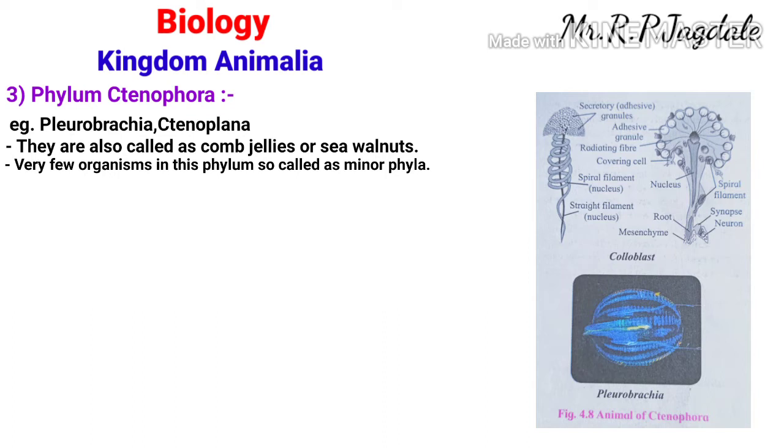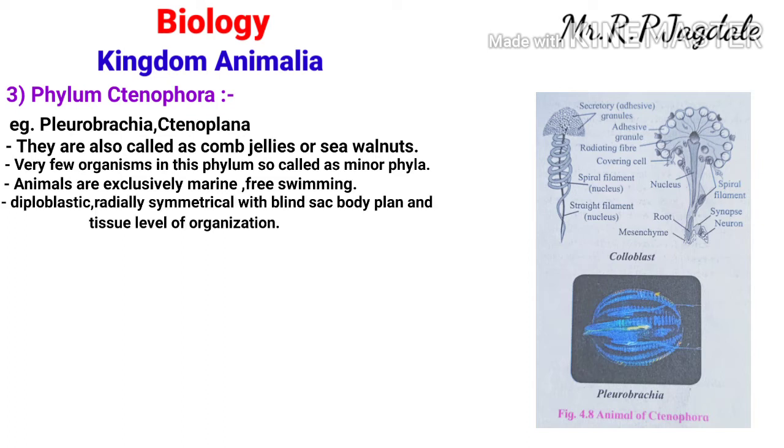Again, the animals of this phylum are exclusively marine and free swimming. That means they are not sessile, not attached. The animals are diploblastic, that means they have two germ layers, ectoderm and endoderm.